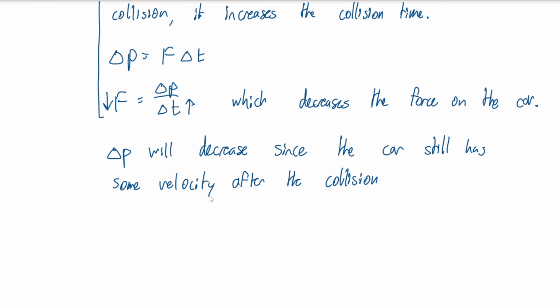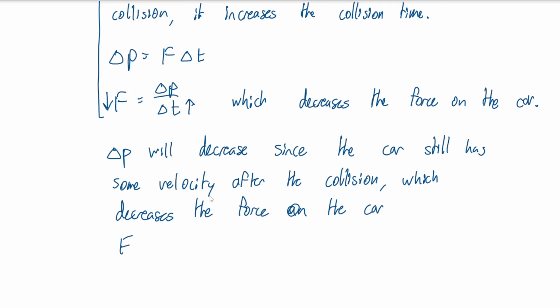So we've decreased the change in momentum. So change in momentum will decrease since it still has some velocity after the collision, which decreases the force acting on the car.